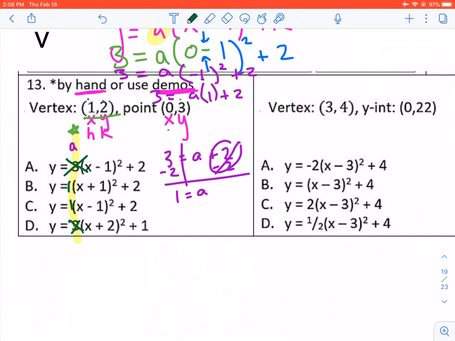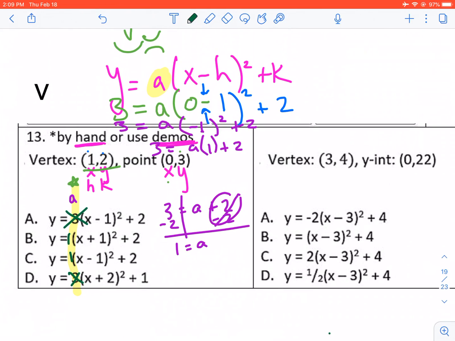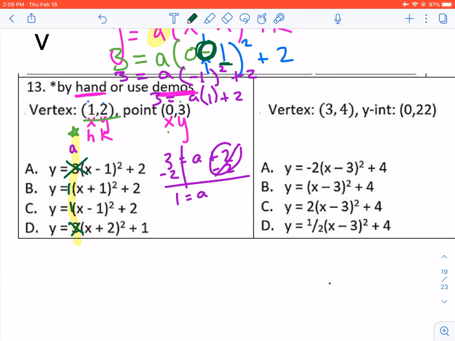This is our invisible 1 right here. Again, by hand, we are looking for the formula that has a minus sign, just like when I plugged it in, and then our positive 1 because that was our h value. So this is our minus sign and this is our positive 1. And then our k value is our 2. The answer was C.